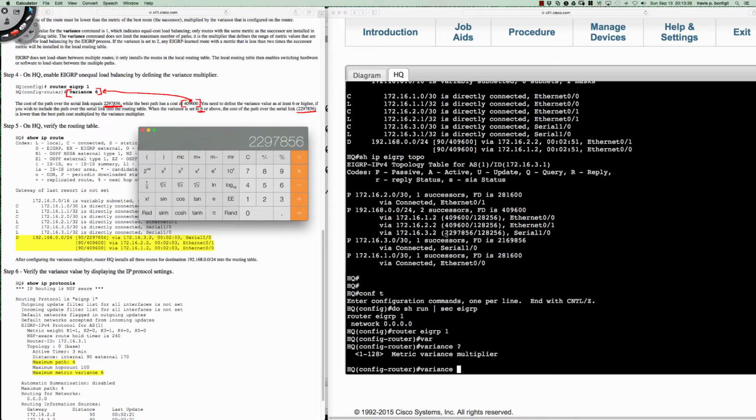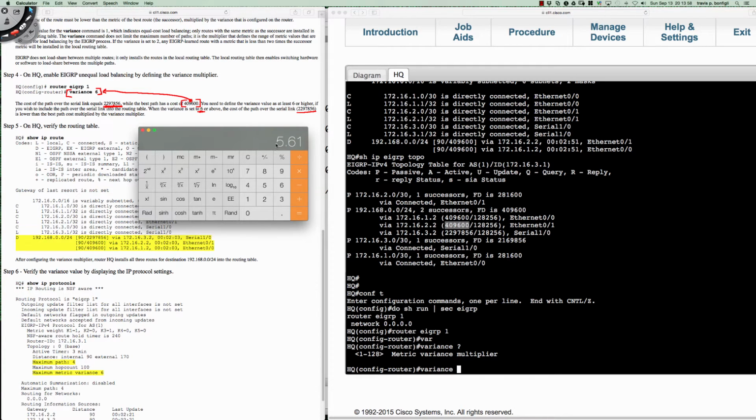It's right here, you can see it right there. And I'm going to divide that by the cost of the current successor, 409,600, and we get 5.61.